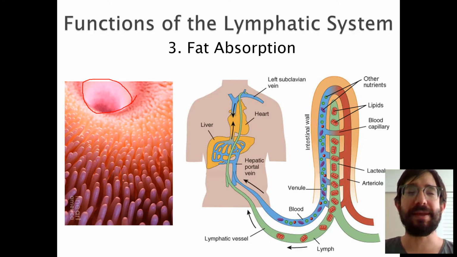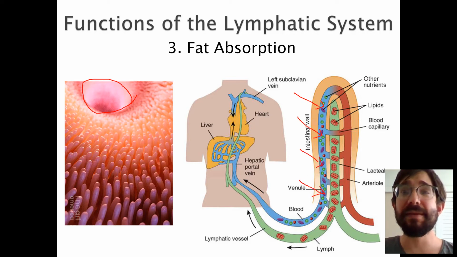We'll revisit this in the digestive system, but here's the short story. Little nutrients can get sucked into the blood vessels of your villi. And then those blood vessels carry the nutrients and maybe toxins back to the liver, and the blood gets processed and everything's good.